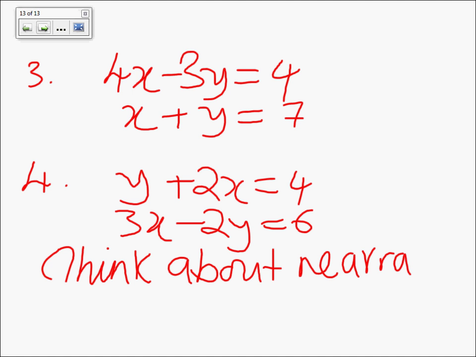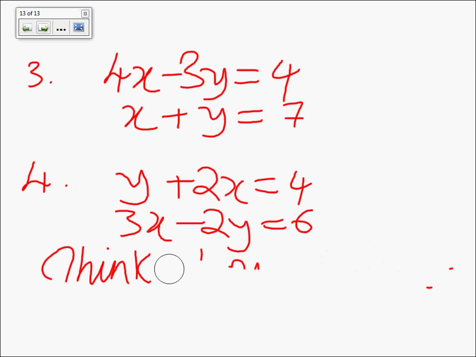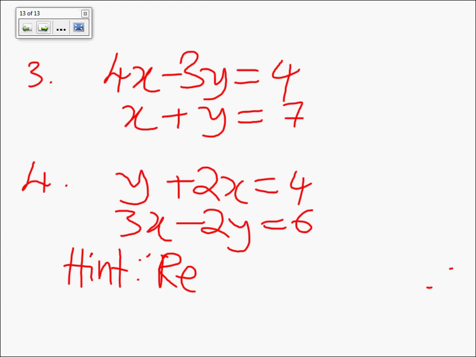That's the hint. The hint for question 4 is rearrange. I think that's a better way to guide you.